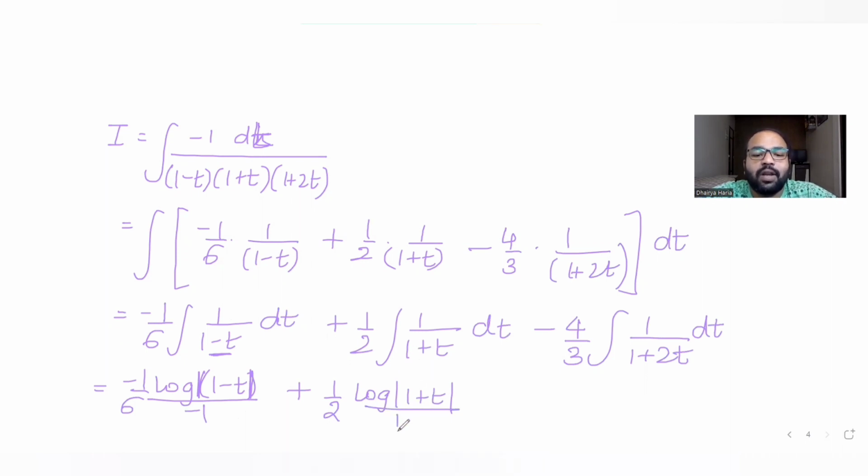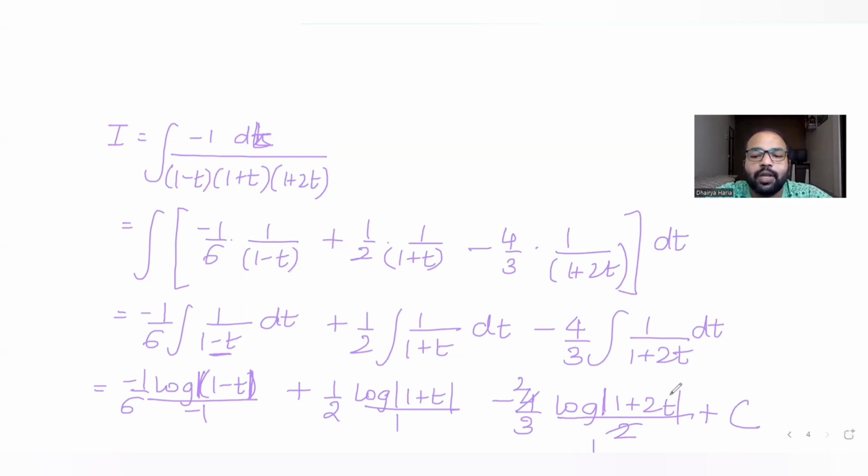Nothing is left, so I'll write 1, because the coefficient of t is 1, so we divide by 1. Minus 4 by 3 log of mod of 1 plus 2t, dividing again by the coefficient, so it is 2, plus c. So I can cancel this, the 2s and the 1s. Now I am left with the answer, and I can resubstitute.